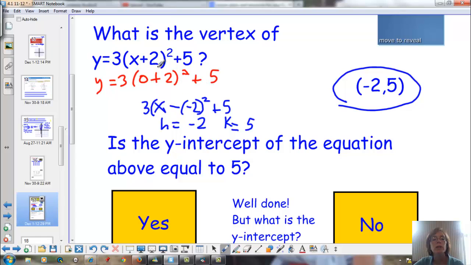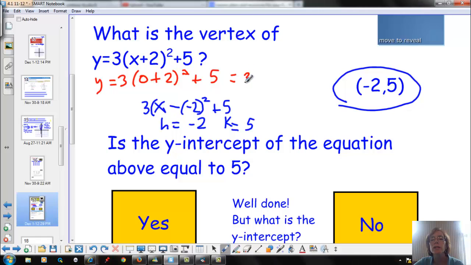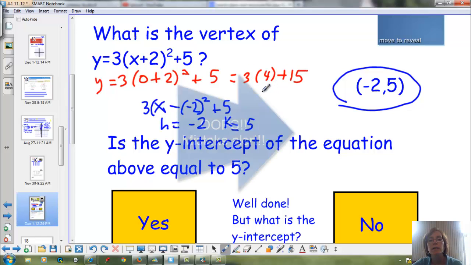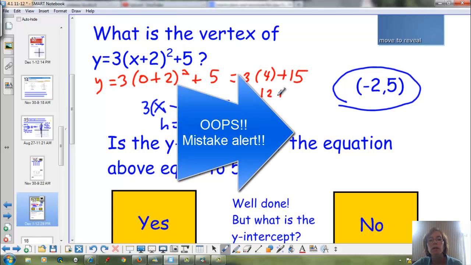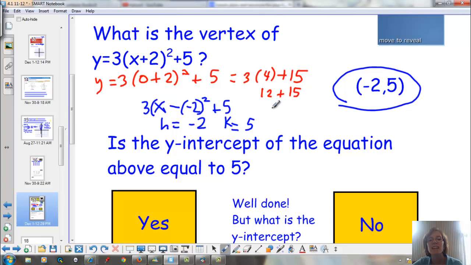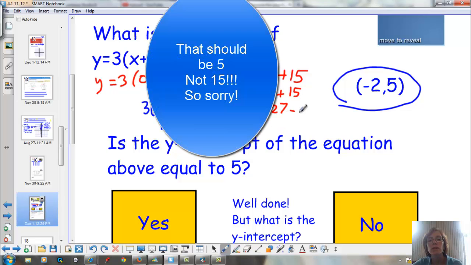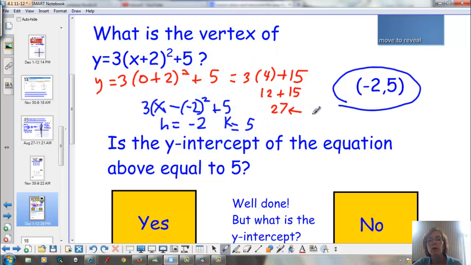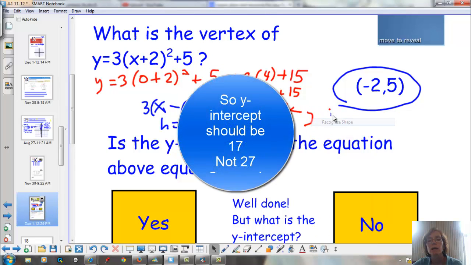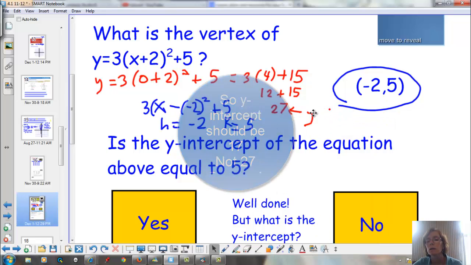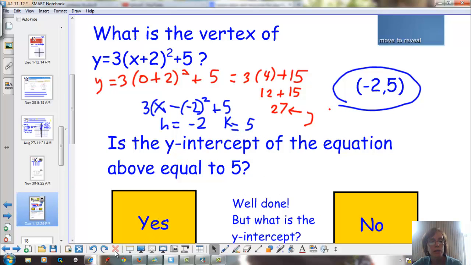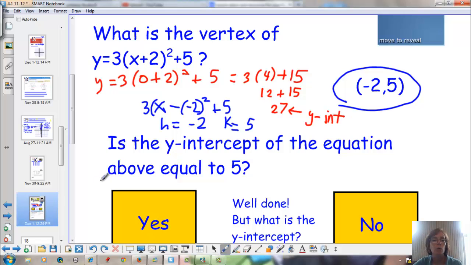And if we evaluate that, 0 plus 2 is 2, squared is 4, so that looks like 3 times 4 plus 5. I'm guessing then that we would have 12 plus 15 gives us 27. So 27 is our y-intercept.